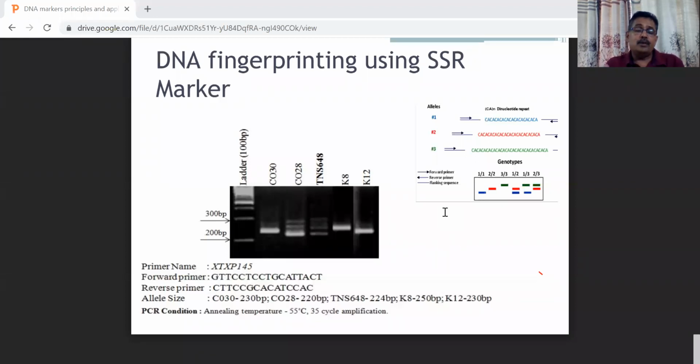NBPGR, the National Bureau of Plant Genetic Resources, or PPV&FRA, the Protection of Plant Varieties and Farmers' Rights Authority. Whenever people develop a new variety, you have to submit the sequences for the varietal registration. Earlier, you could use only morphological descriptors. Now they are asking for the varietal fingerprint. So people now use SSR markers to fingerprint the variety.